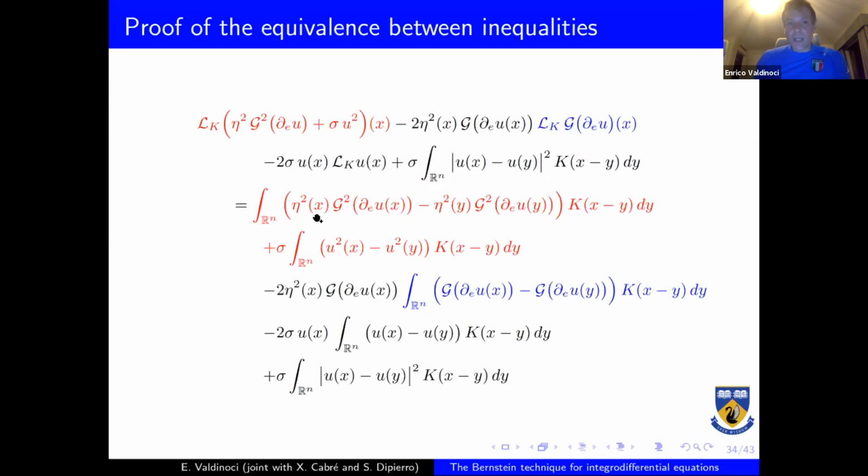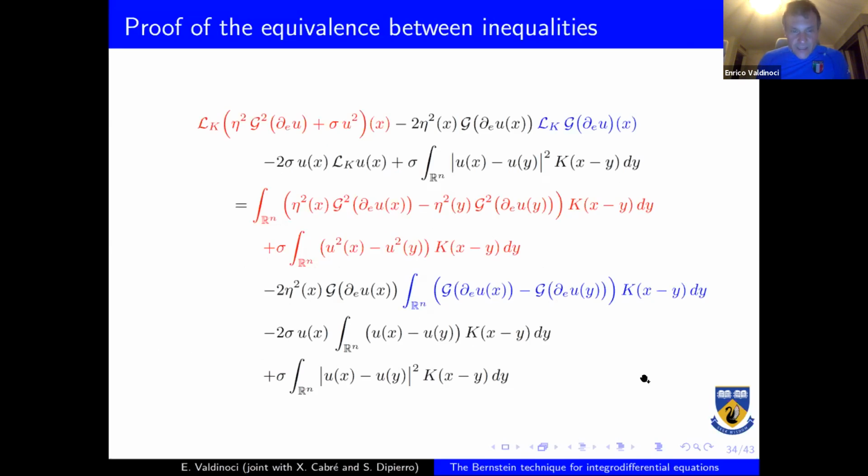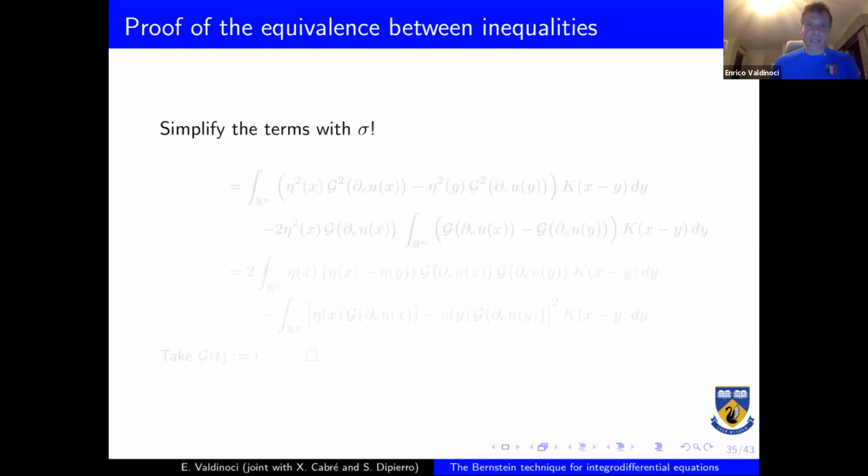And once you do that, you see that there are some simplifications. You see that the terms in sigma actually simplify, because there is a square here. So if you expand the square and you subtract this part, you cancel exactly the part with sigma in red. So the part in sigma cancels precisely.